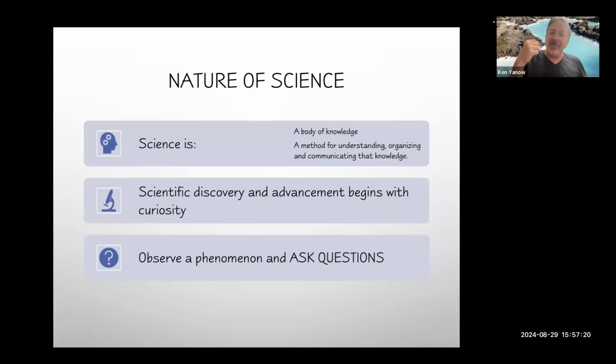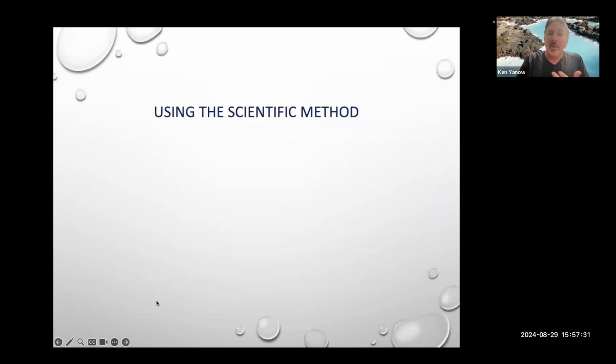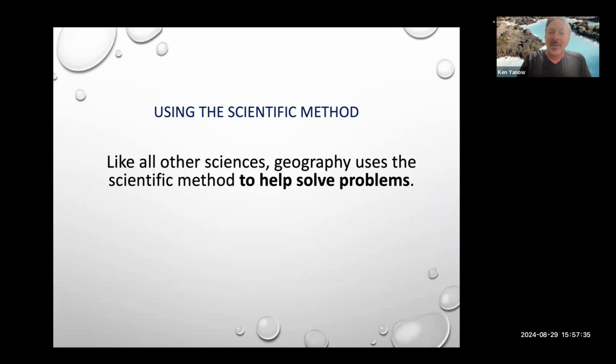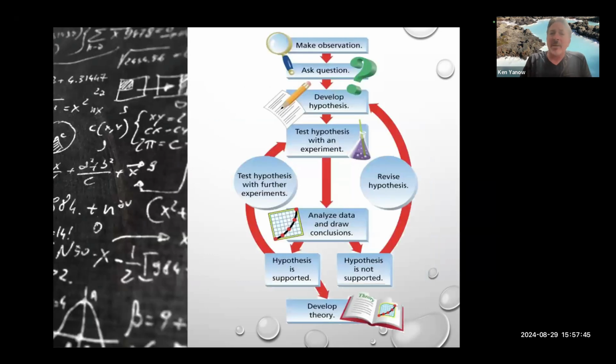It's observing a phenomenon and asking questions, trying to come up with a statement that says that's it. So the nature of science really becomes the use of the scientific method. And like all other sciences, geography uses the scientific method to help solve problems. It really is just a logical way to think.